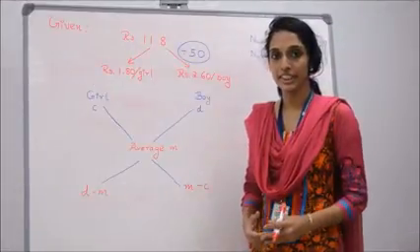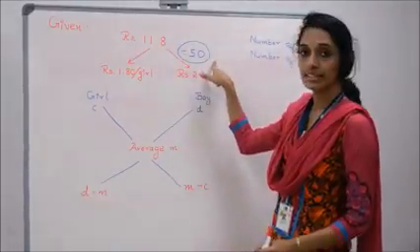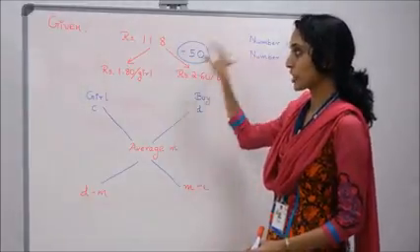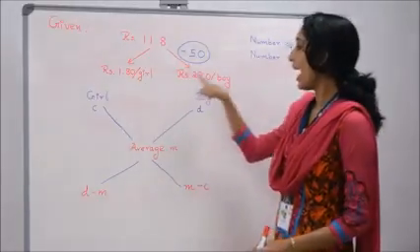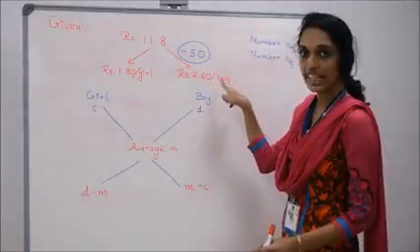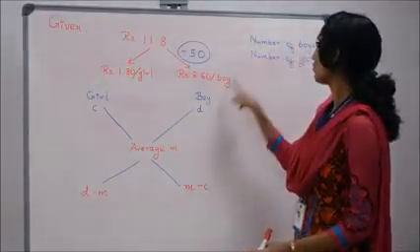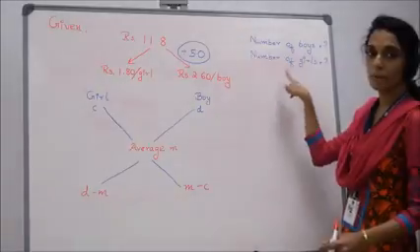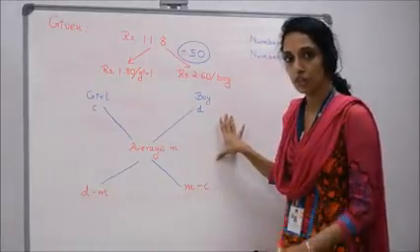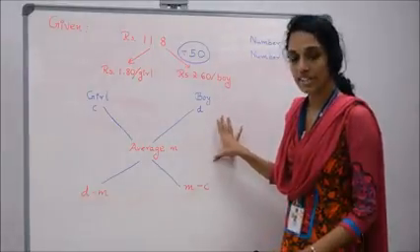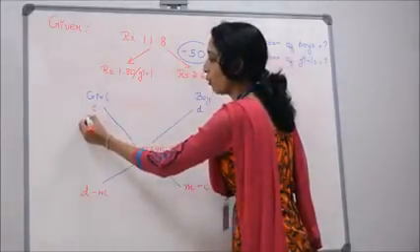In the question we are given that rupees 118 is divided among 50 girls and boys, and after division rupees 1.80 is received by a girl and rupees 2.60 is received by each boy. Okay. So we are asked to find number of boys and number of girls. So in order to find that, we have to use the rule of alligation, and it can be represented by this figure. So we can write C. What is C?